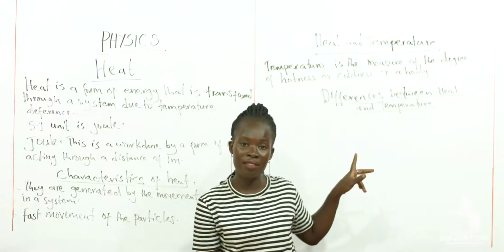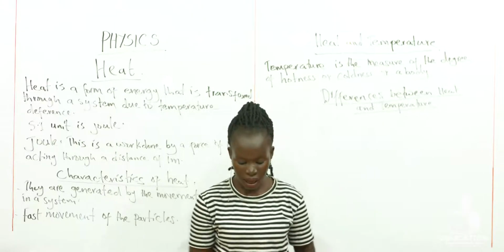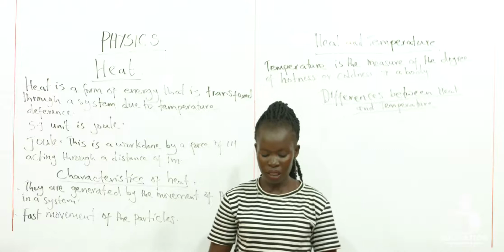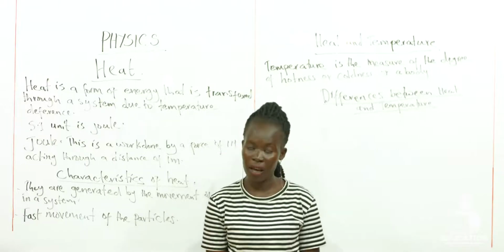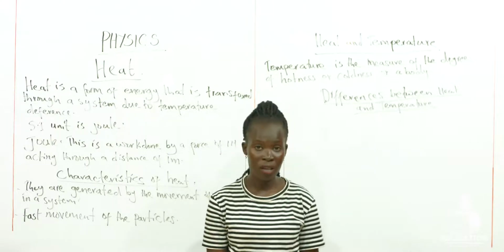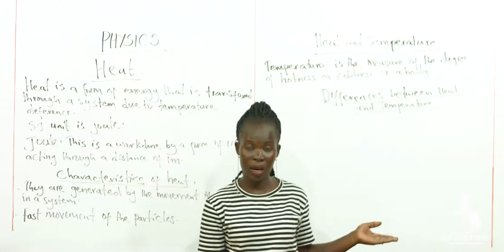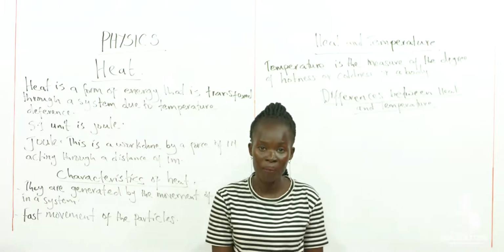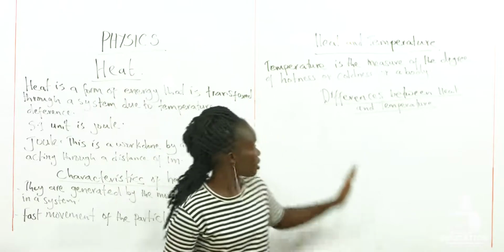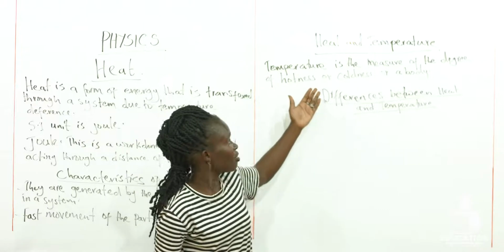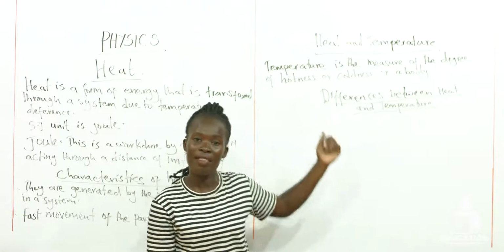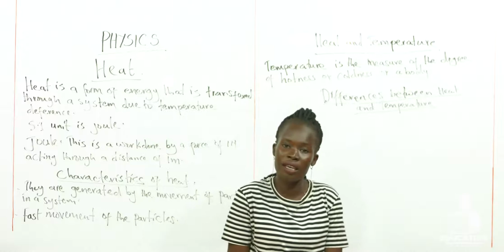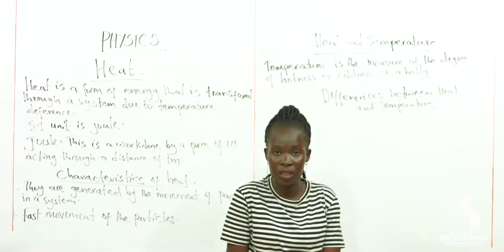Because if you look at the similarities, there is only one thing connecting the two, which is the kinetic energy of the particle. Yes, all of them are the kinetic energy, but then to what degree also matters. So you see that heat is just a form of energy, but is temperature really a form of energy?